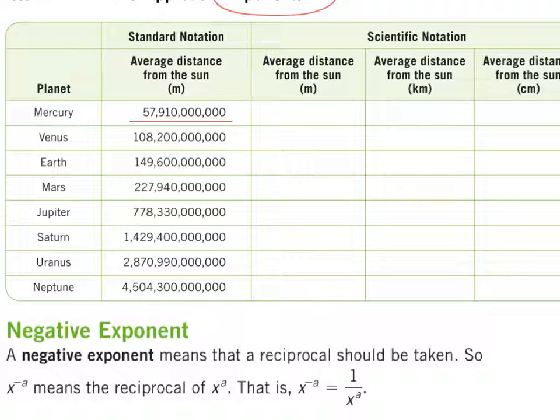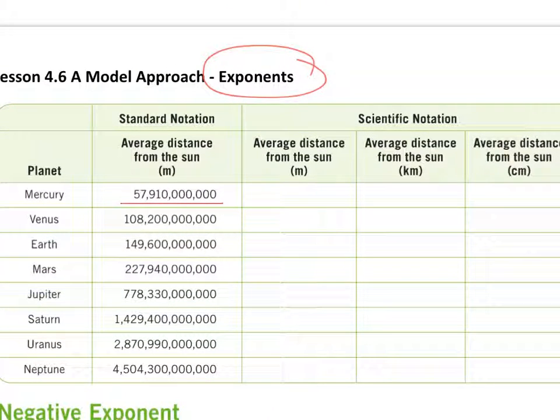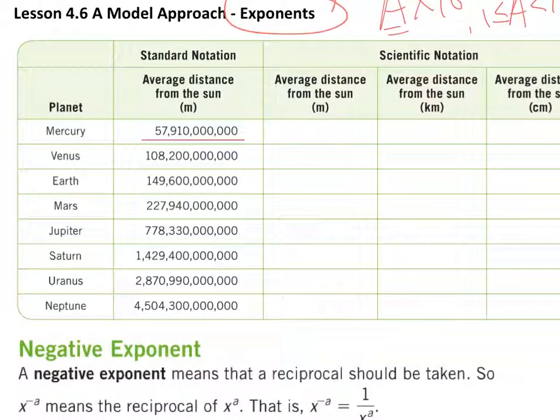Remember, in scientific notation form, we need to have A times 10 to some power, and A must be a number between 1 and 10. So for this number, 57 billion something, we first locate the decimal.